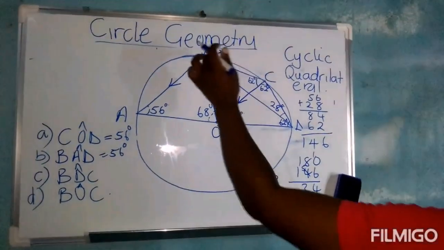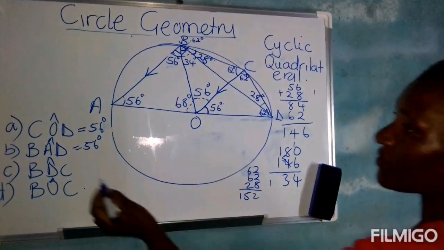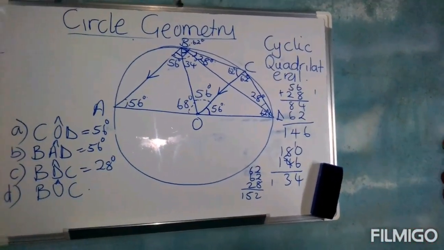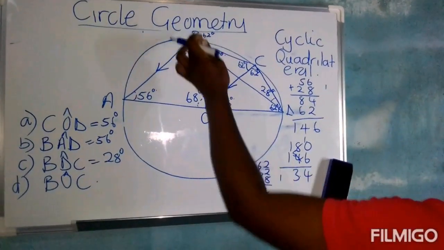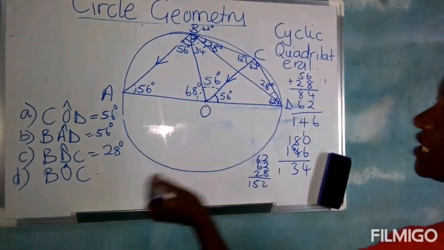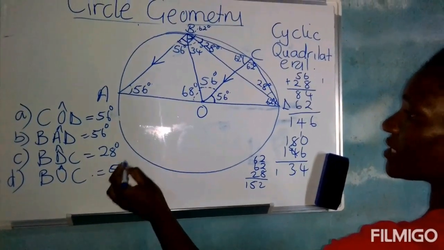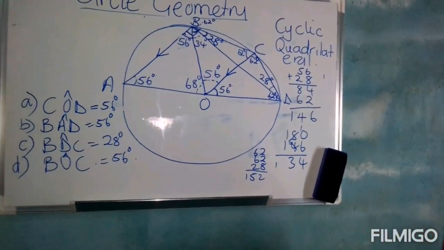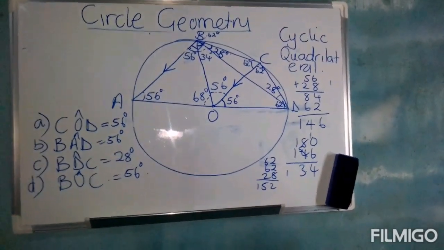So angle BDC is equal to 28 degrees. Then angle BOC is equal to 56 degrees. So that's circle geometry theorems. Thank you.